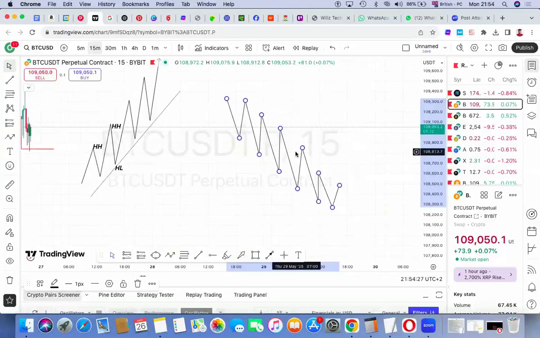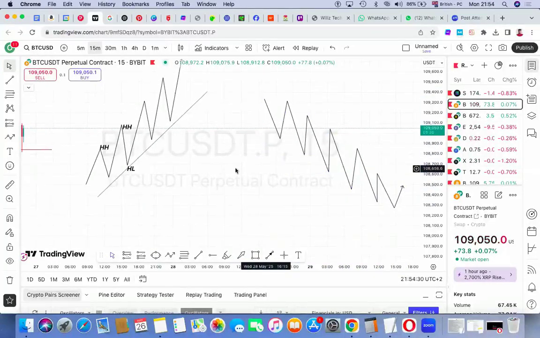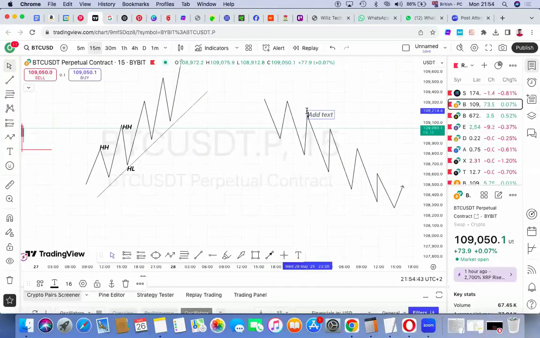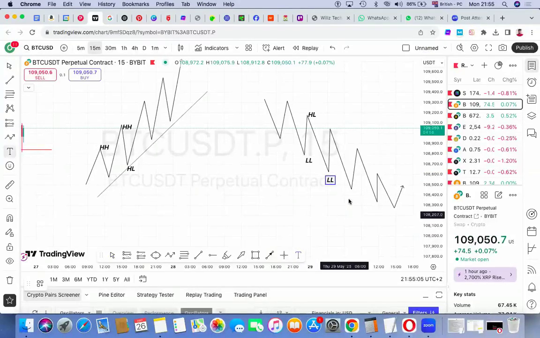So what we'll see here in the downtrend is the market continues to create these lower lows and lower highs. And the market continues to break the structure to the downside.